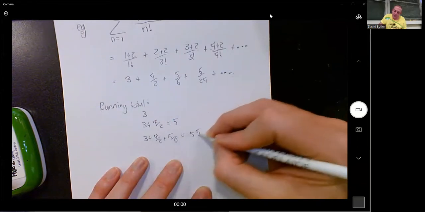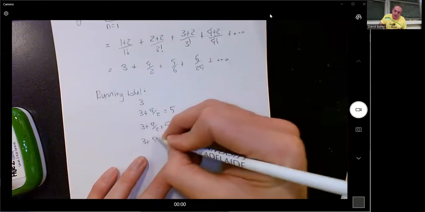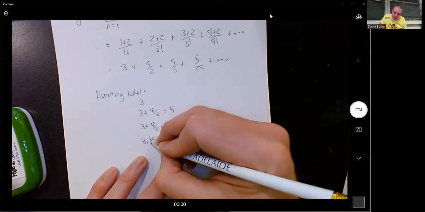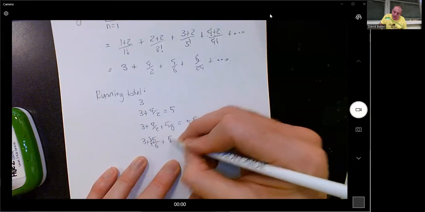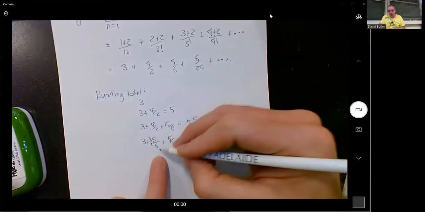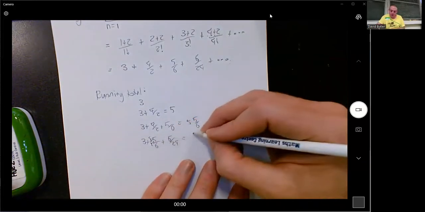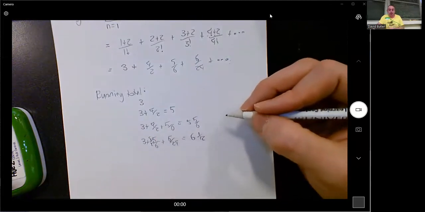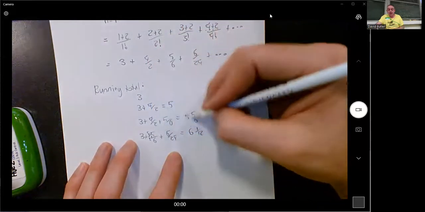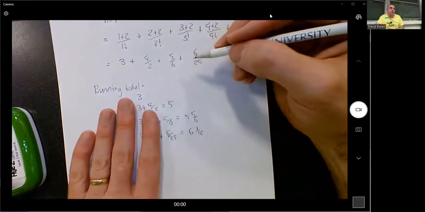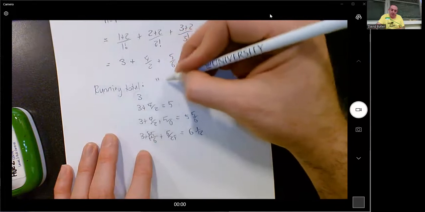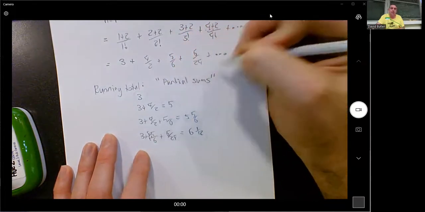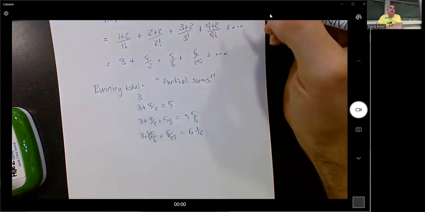And I can do this sequence of running totals. The official name is partial sums, but running total is what I call it.